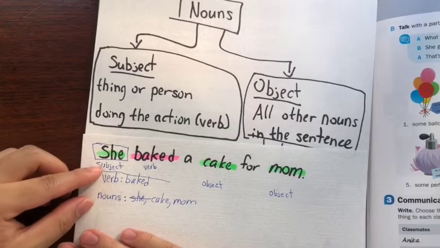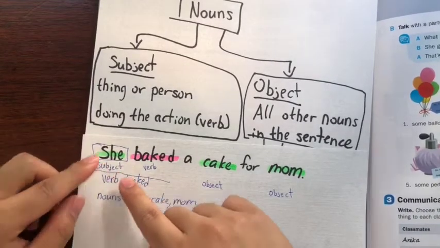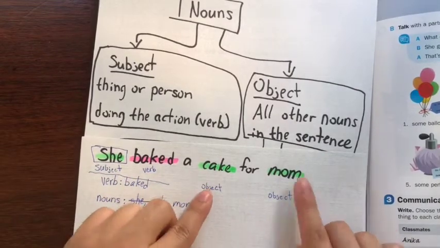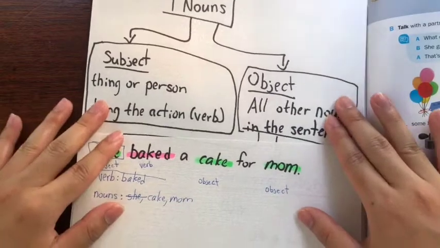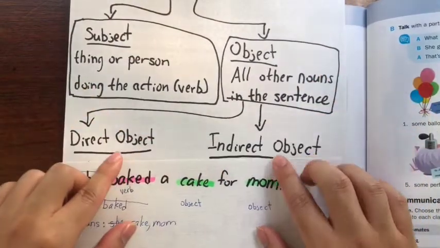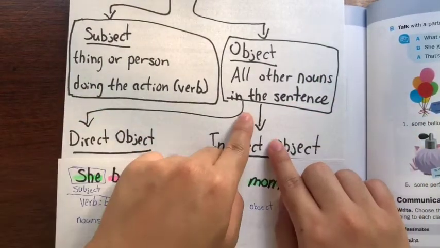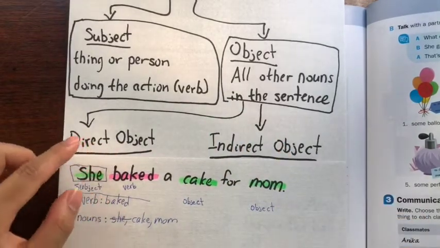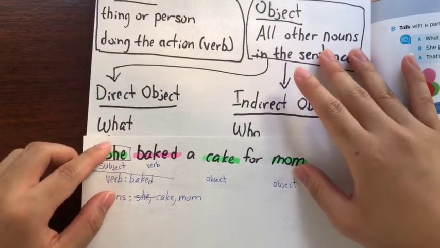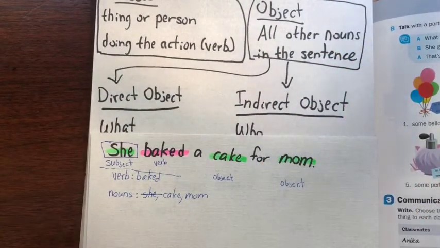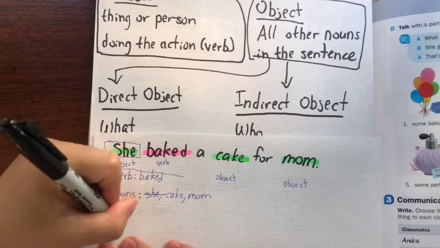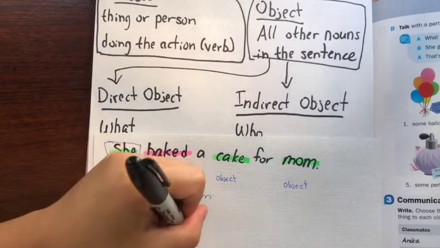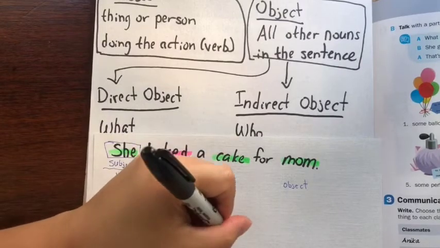So, this is our sentence. The subject is she, the verb is baked, and then the objects are cake and mom. And we have 2 types of objects. The first object is the direct object. The direct object answers the question, what? So we can ask, what did she bake?